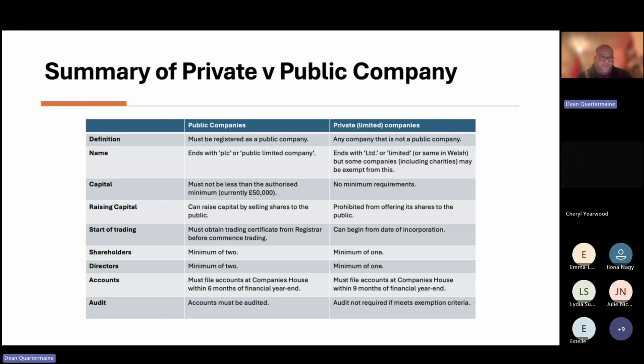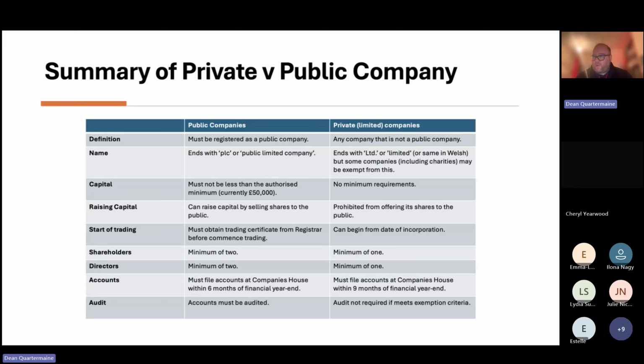It could be one person who is the shareholder and the director, a bloke running the local plumbing company who knows nothing about the world of accounts and his financial requirements. Whereas a public company, to get to the point where you're XYZ PLC, you're going to have a finance team.